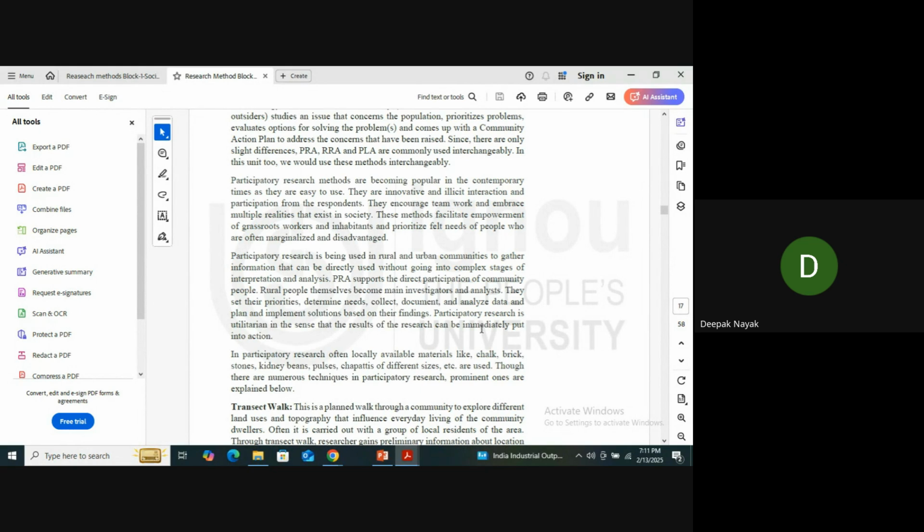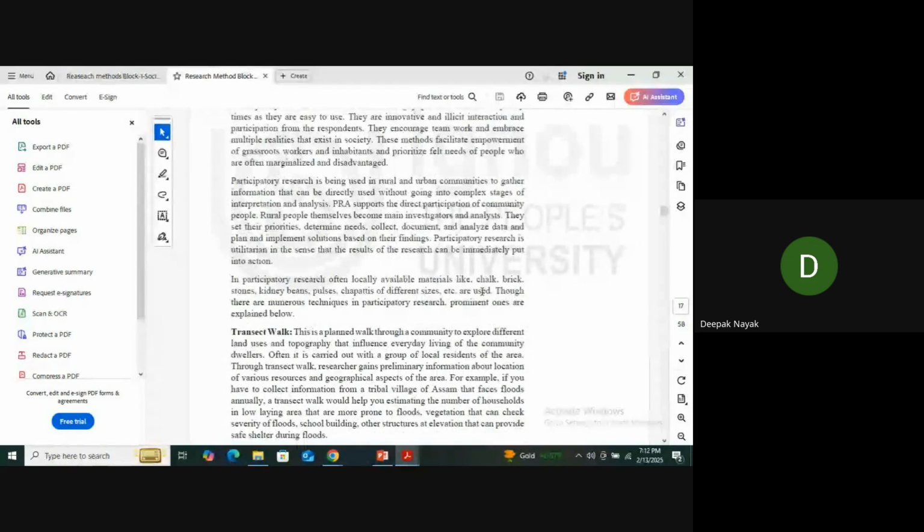They set the priorities, they determine the needs, and they decide what kind of data can be collected. This is particularly done when a need has emerged, when some organization goes to a particular area to implement or launch a development program in that area.